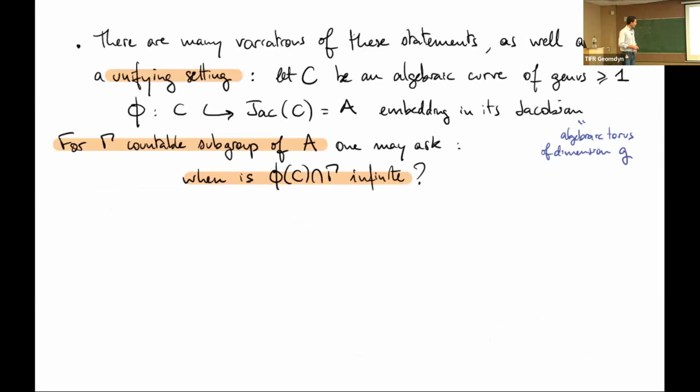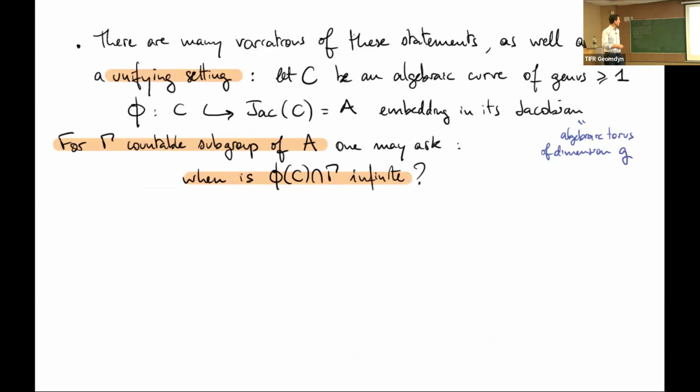And in particular, there is a way of unifying these two previous statements. Not exactly, but at least philosophically. And this way requires just a little bit of algebraic geometry. When you take any algebraic curve, there is the so-called Abel mapping, which maps it into a certain abelian variety.